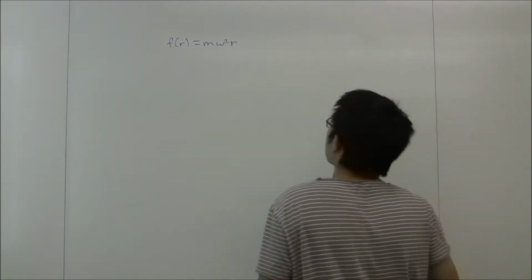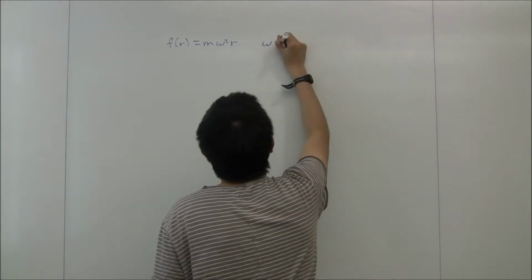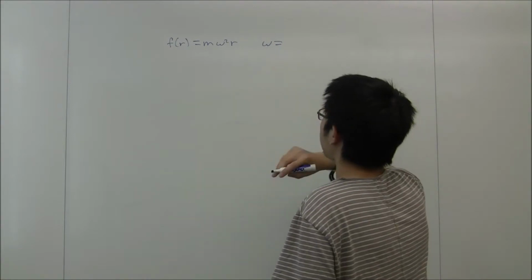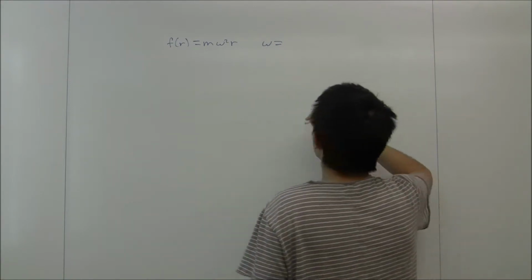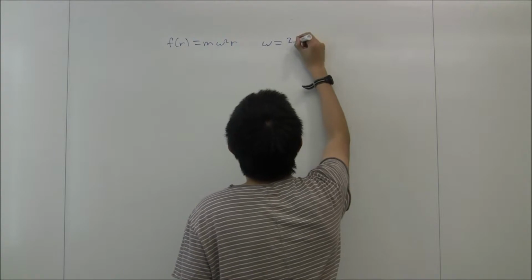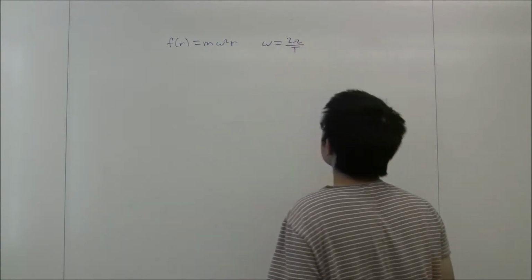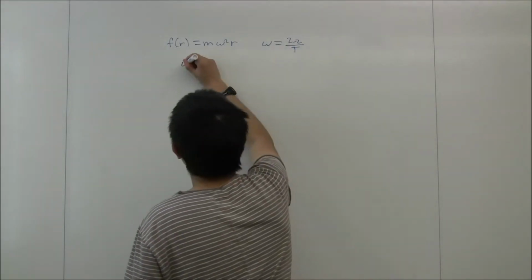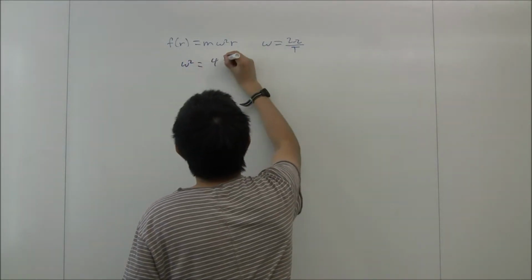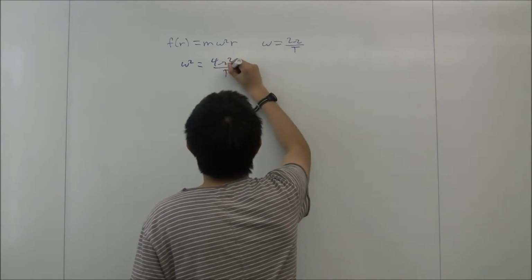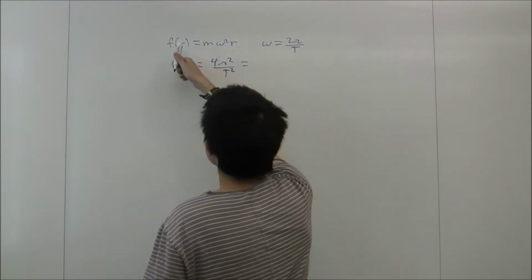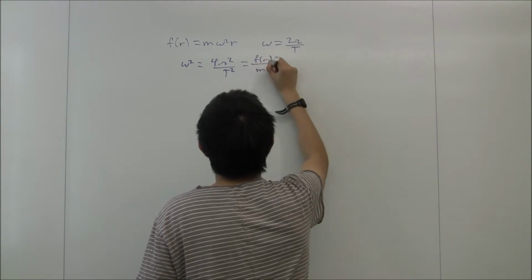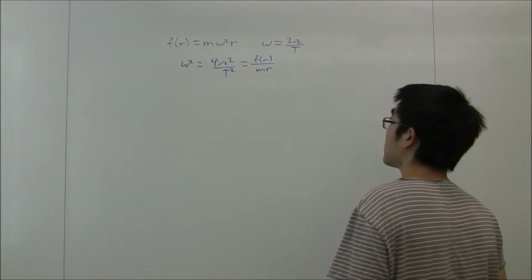Now, we know that omega, the angular velocity, is equal to 2 pi divided by the period, big T, of the orbit, which means that omega squared is equal to 4 pi squared over big T squared, which is also equal to F of r over mr, which comes from the first equation.